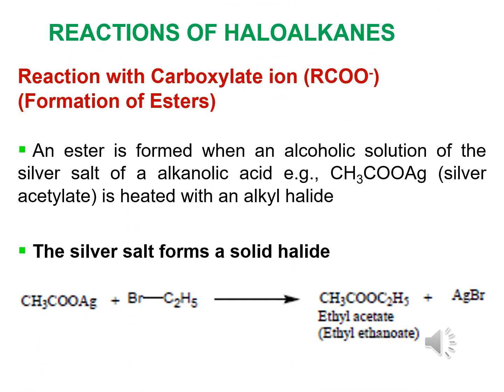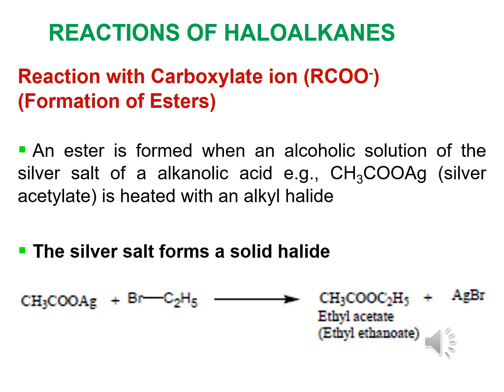The next reaction is a reaction of the carboxylate ion. When reacted, esters are formed. In that case, the silver salt of alkanoic acid is going to react with alkyl halide. Then that silver metal is going to form bonding with bromine to form silver bromide.